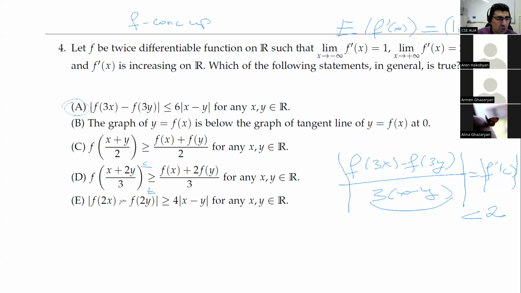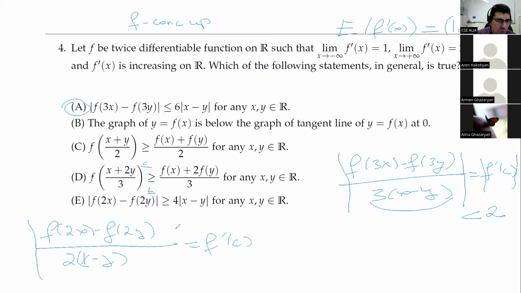Because if we try the same with f of 2x and f of 2y, f of 2x minus f of 2y divided by 2x minus 2y is f prime at some point c, so the module equals the module of f prime.